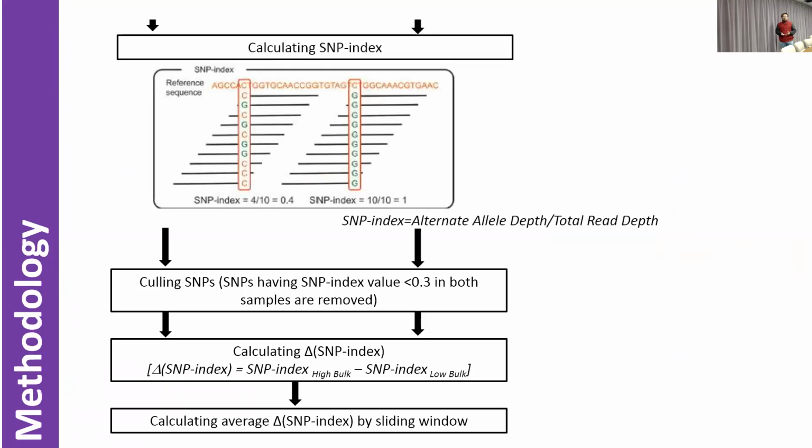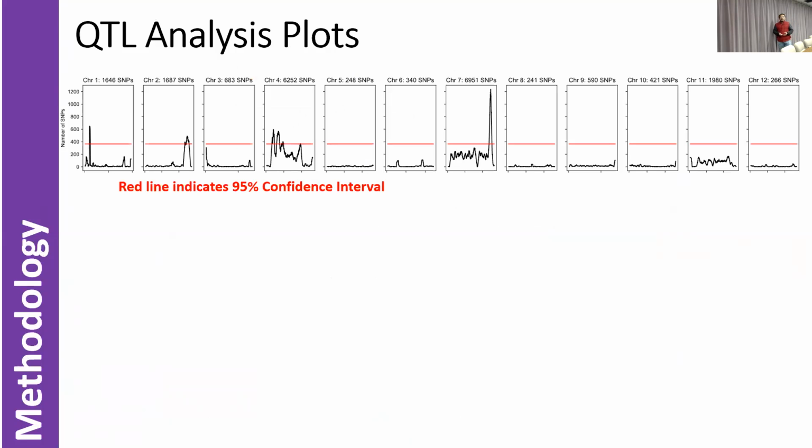It is a software which generates the QTL analysis plots. So this is the QTL analysis plot generated by the sliding window. So here in this figure, we can see a curve that is generated by the sliding window based on the number of SNPs available within that chromosome that we sequenced through next generation sequencing method.